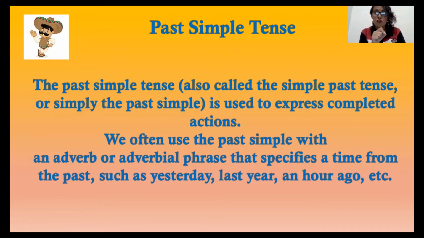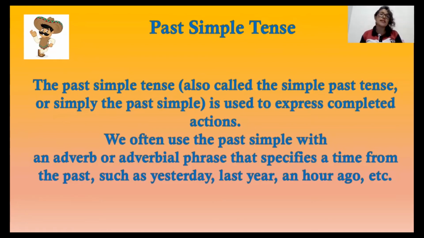But it is used when we want to express completed actions in the past. Remember, in the past. It is often used with an adverb or an adverbial phrase that specifies a time from the past, such as yesterday, last month, last week, last year, an hour ago, 2 days ago, 3 months ago, etc.